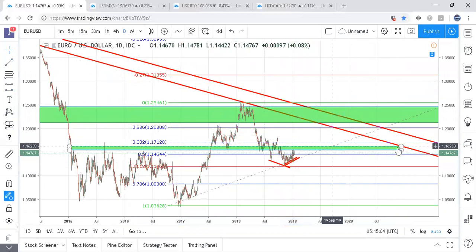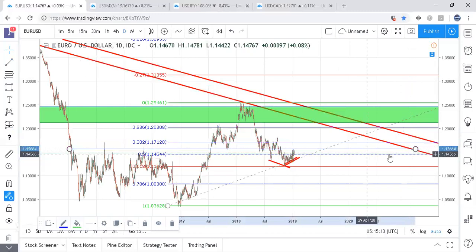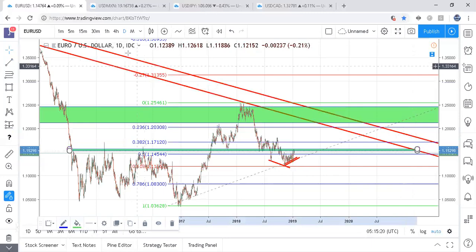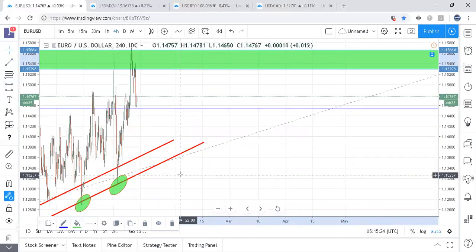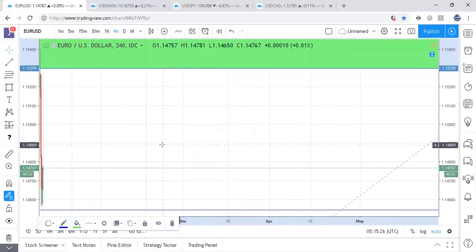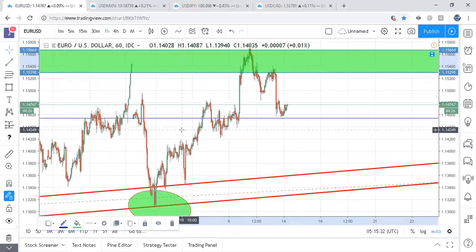So it has to break that, and I mean this whole thing. I believe that it is on the way to do that right now, this week. So I'm bullish on Euro-USD, and we're gonna zoom in for an entry on this hourly time frame right here.